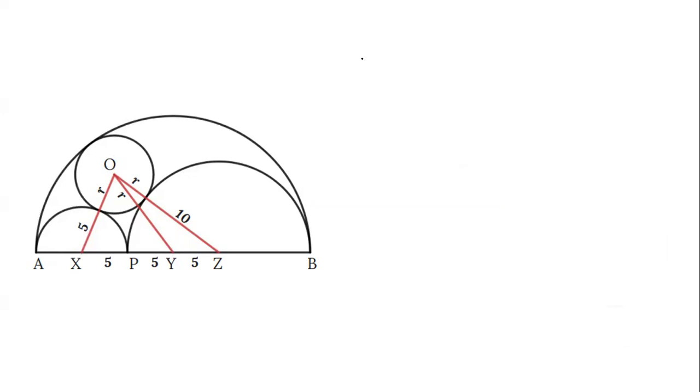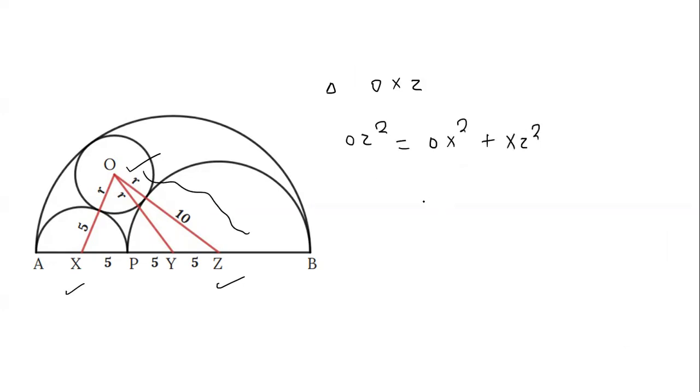Similarly, in the triangle OXZ, we can again apply cosine rule. So this is the triangle, this is the point O, this is the point X, this is the point Z, and in this triangle we can apply cosine rule as OZ square, which is this distance, equal to OX square plus XZ square minus 2 times OX XZ into cos of angle, the same angle OXP.